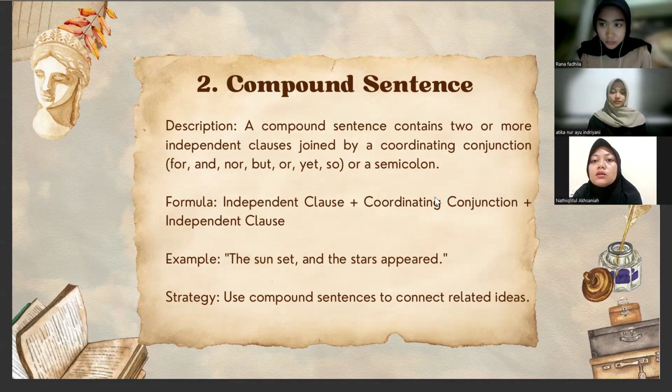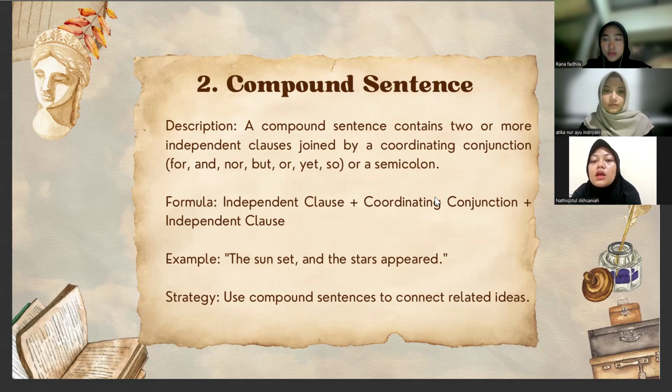For example, the sun set and the stars appeared. This example has a semicolon, not a coordinating conjunction.